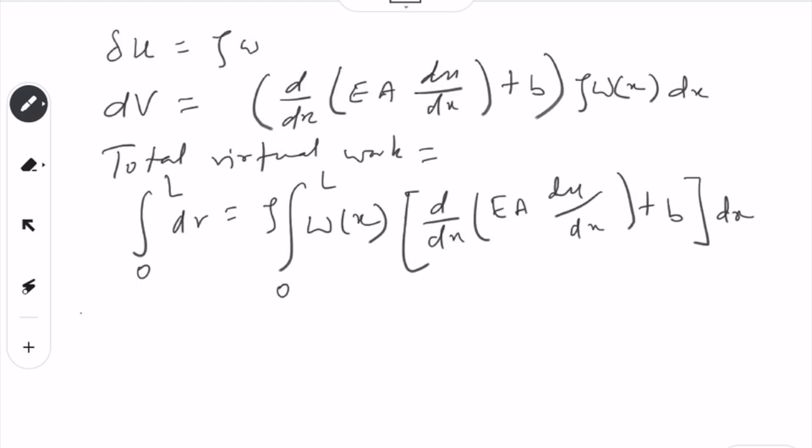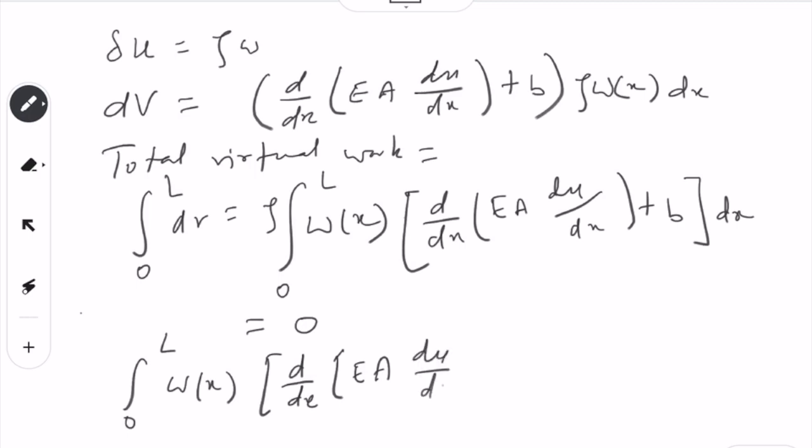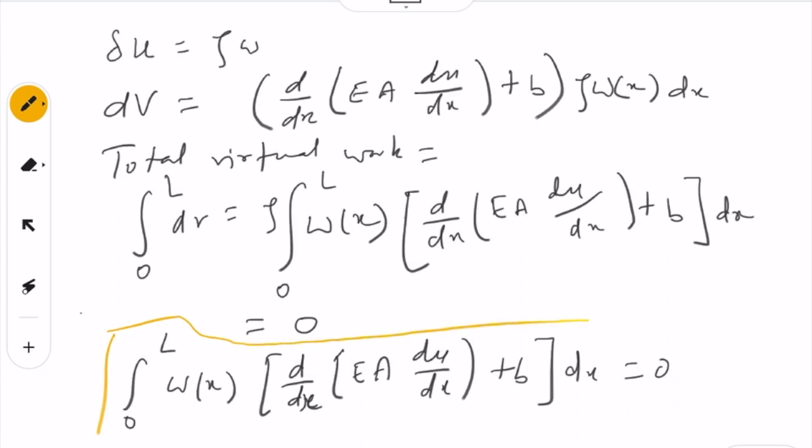Now, this total virtual work has to be equal to 0. This is as per the principle of virtual work, and hence you get the integral from 0 to L of w(x) times d over dx of EA du over dx plus b, dx, equal to 0, which is actually the weak form.